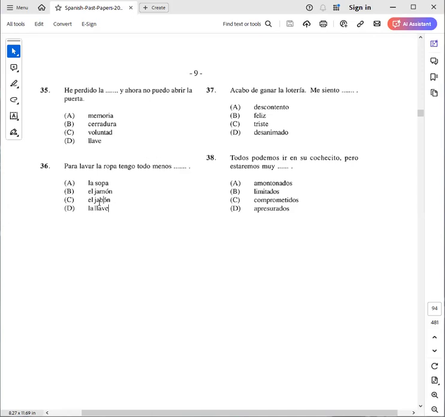So I have everything to wash the clothes except the washing powder. So I just won the lottery, so I'm feeling feliz. B.